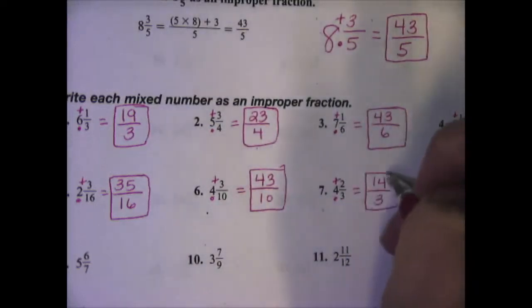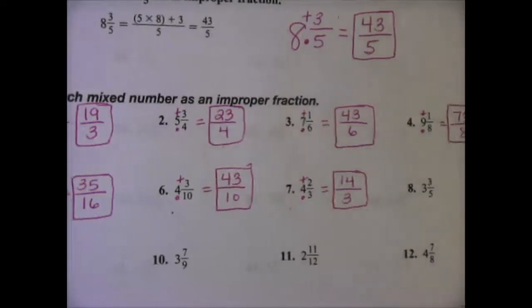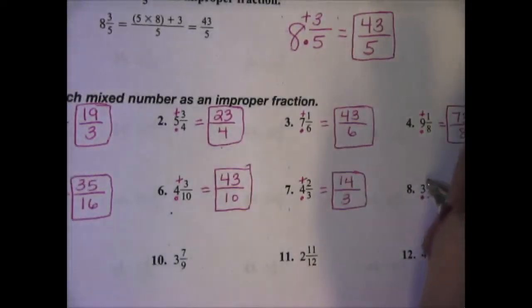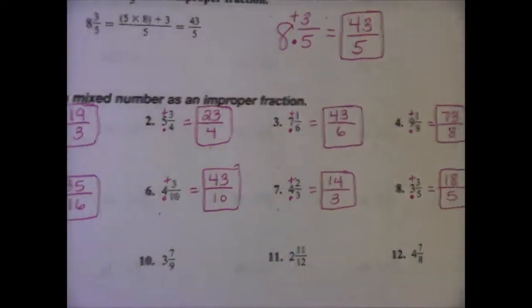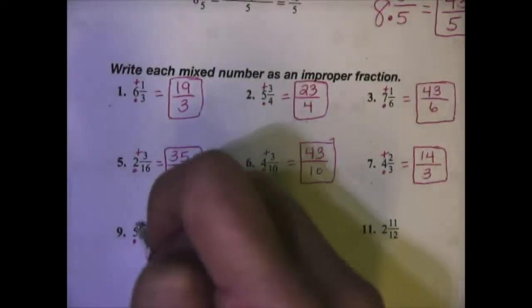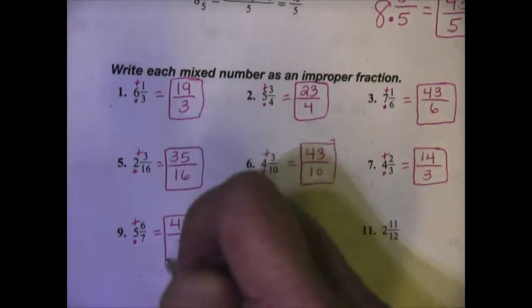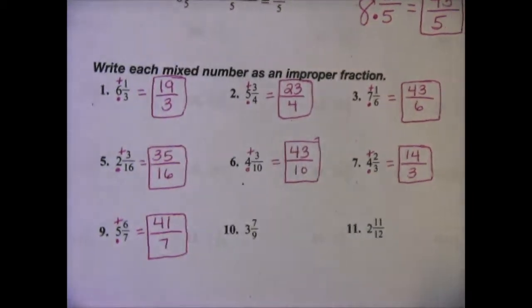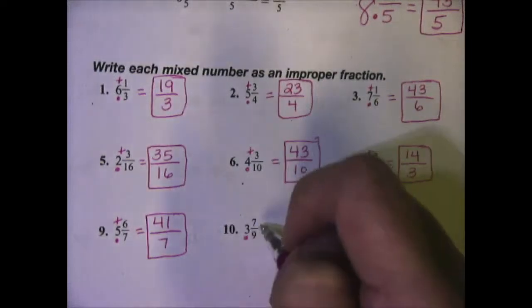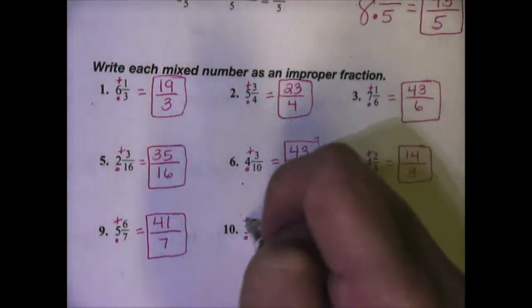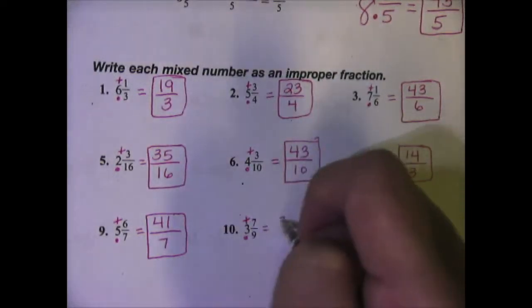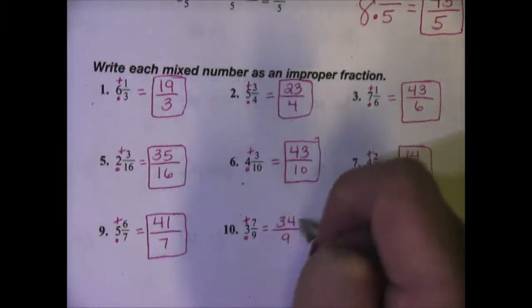Remember, we keep the same denominator. Number 8, 5 times 3 is 15, plus 3 is 18, so 18 over 5. Number 9, 7 times 5 is 35, plus 6 is 41, 41 over 7. Number 10, 9 times 3 is 27, plus 7 is 34, over 9.